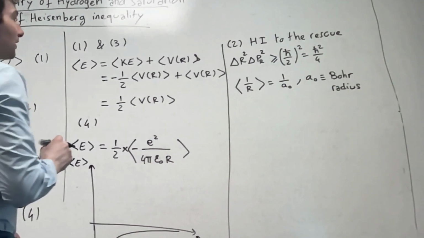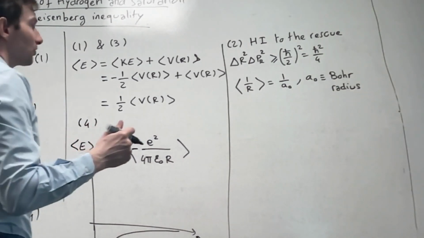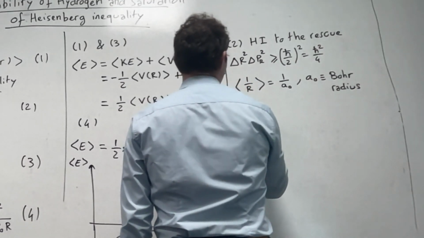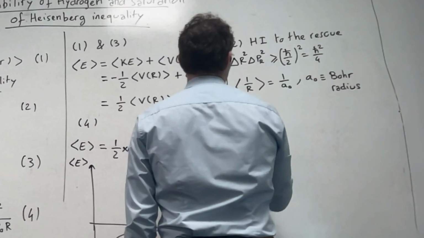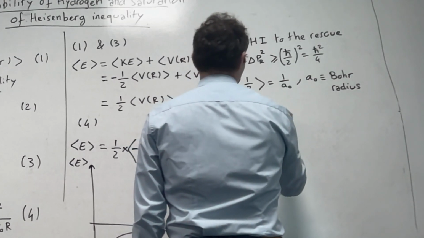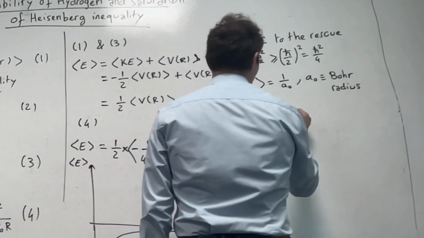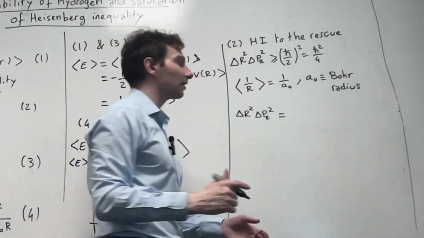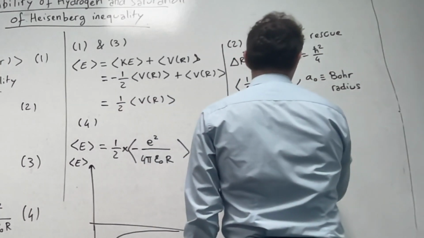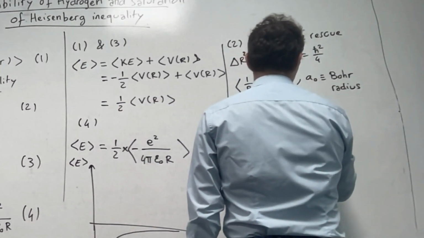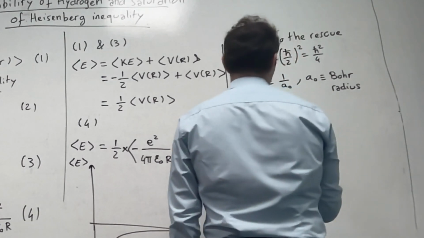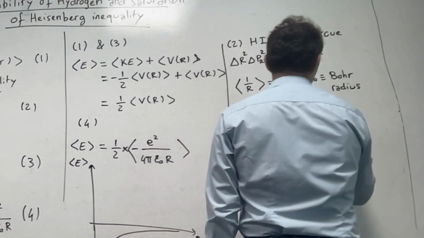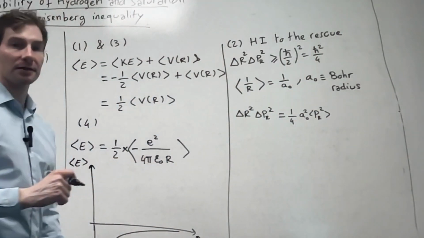But that's not the end of it, because I'm going to say the following. I'm going to say that delta R squared times delta PR squared, and here this is an assumption, an ansatz I'm putting in, is equal to 1 over 4 A0 squared times the average of PR squared.